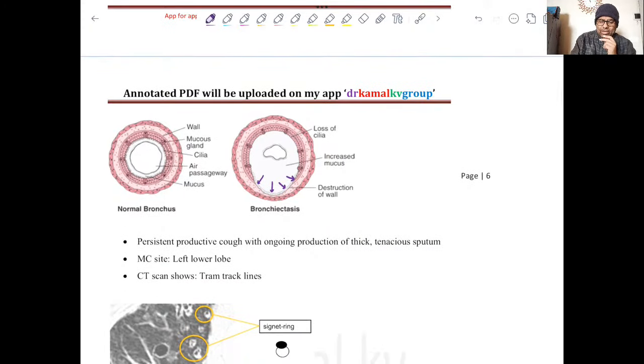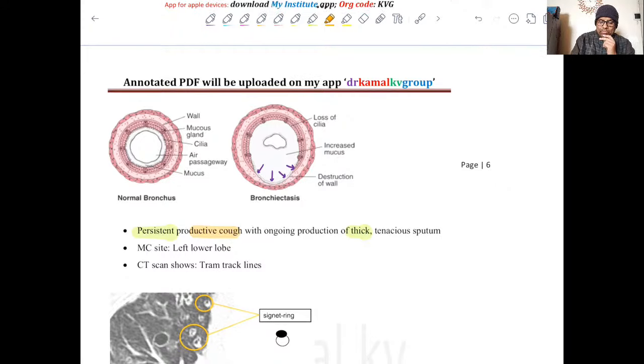Clear? Now the clinical presentation is quite obvious, because there is continuous productive cough, and the sputum is thick and tenacious, right? So this is the classical thing, and the pathology is in the left lower lobe.